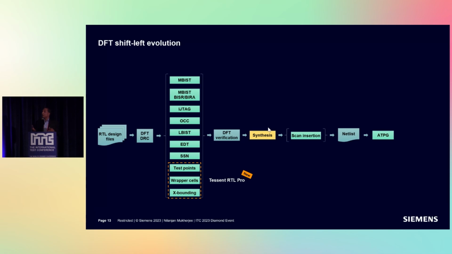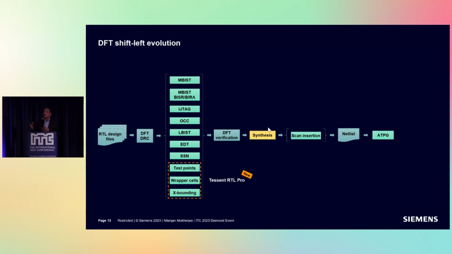You can do your equivalency checking to make sure that the design is still working, and in some cases verify whether they are working correctly or not. That reduces your iteration time, because if you insert things at gate level and you see things are not working, you have to go back to RTL and make some changes. But this allows you to implement all the DFT and verify that DFT at RTL.